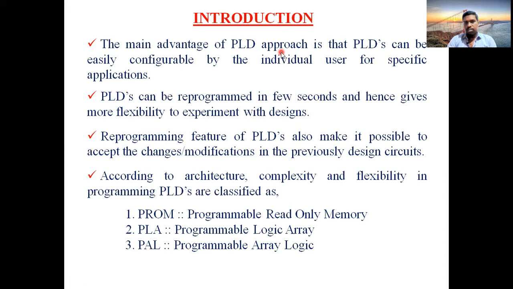In the previous concept of combinational logic circuits, what is meant by a combinational logic circuit? The circuit whose output depends only on the input combinations is called a combinational circuit. If you are dealing with a decoder, it is a circuit which performs only the decoding operation.